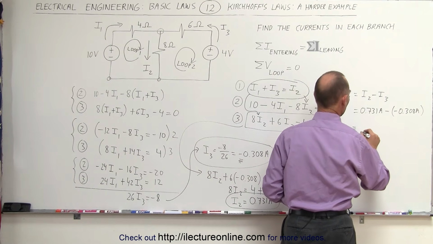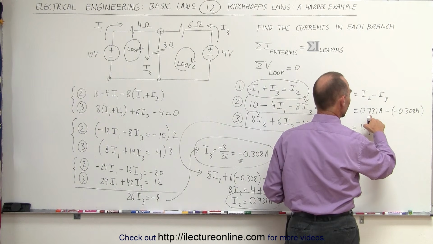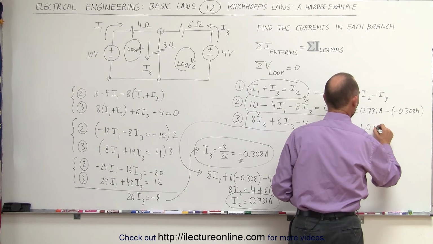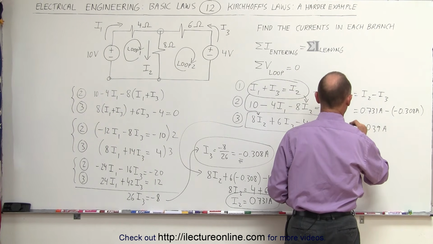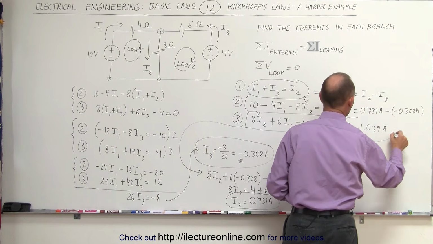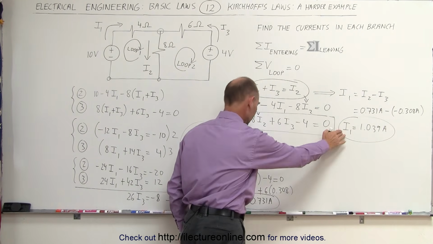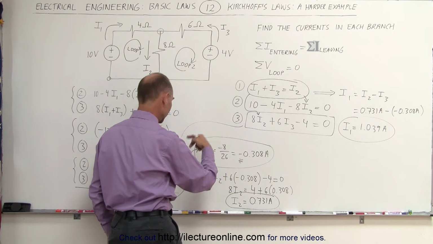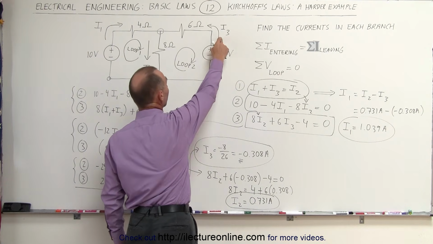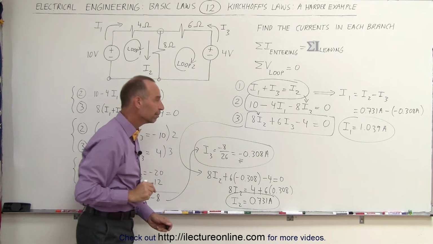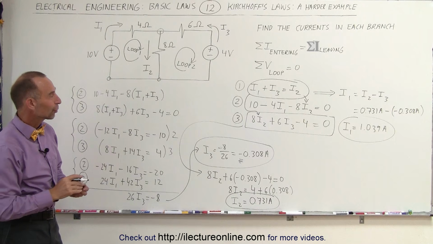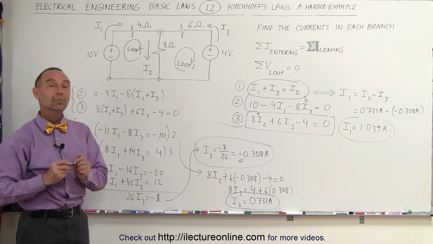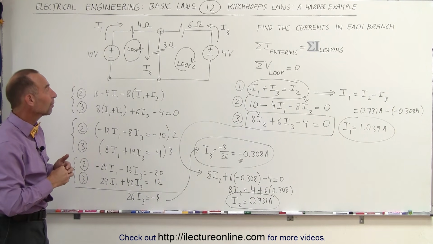This is therefore equal to 1.039 amps. And there's I1. So it gives me the three currents, I1, I2, and I3. The way I've drawn it, we now realize I3 is in the opposite direction. And that's how we use Kirchhoff's laws to solve a multi-loop, multi-voltage source problem like this.